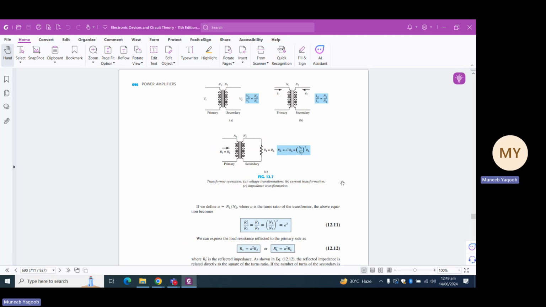So hence we can perform the impedance matching as well.